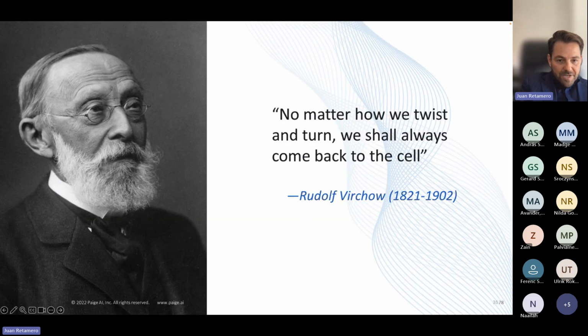Right, so to start wrapping up my session, I do realize it is quite a bit to take in, but I think this man said it quite well almost a century and a half ago, that no matter how much we twist it and turn it, we always shall come back to the cell.